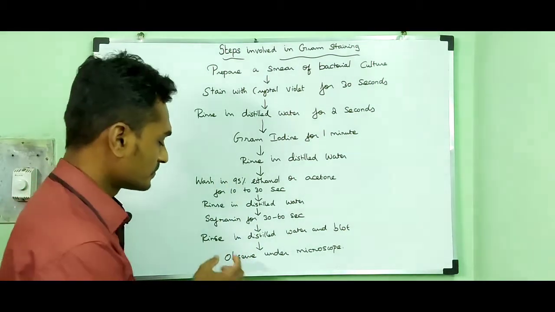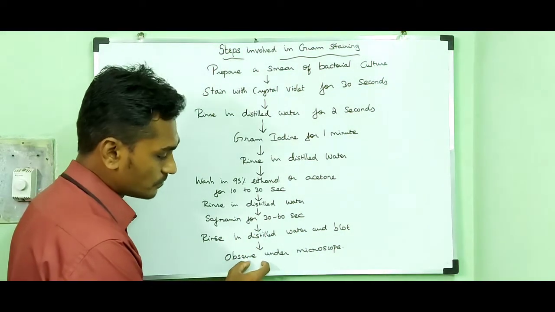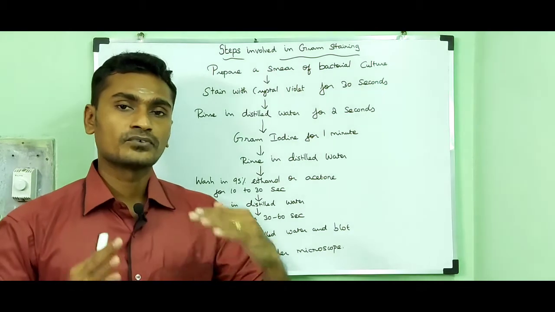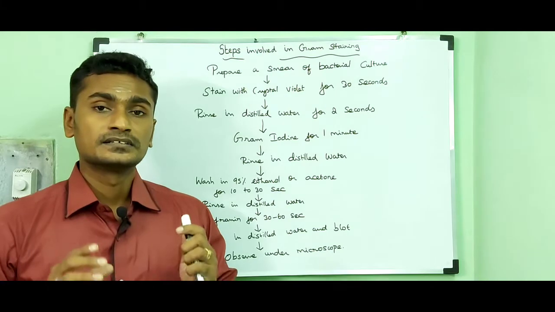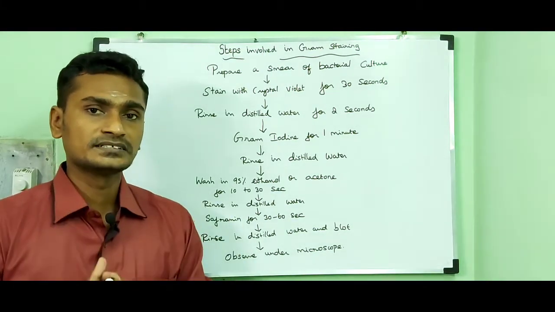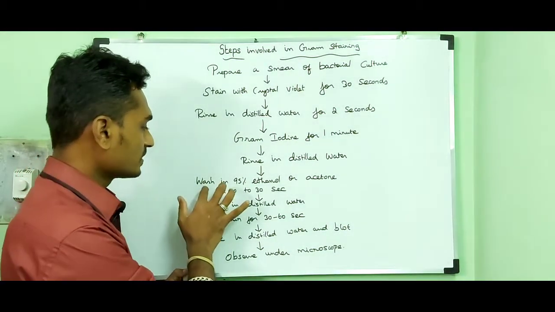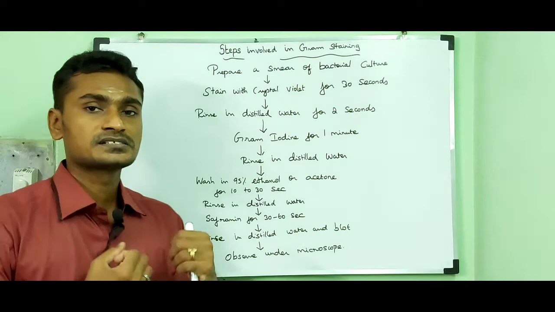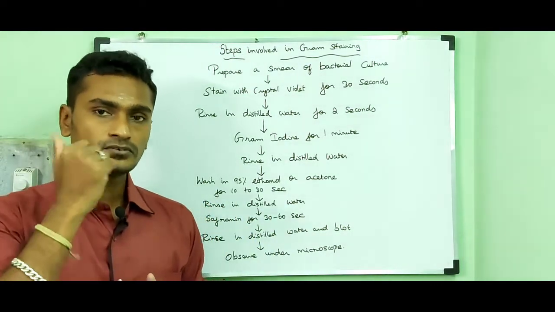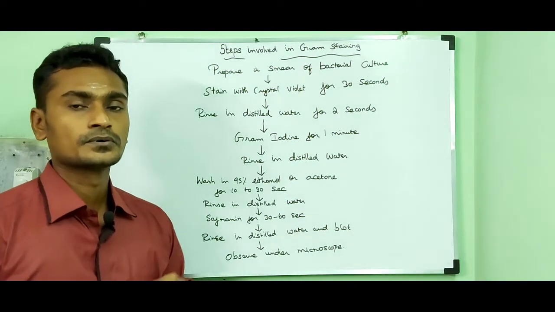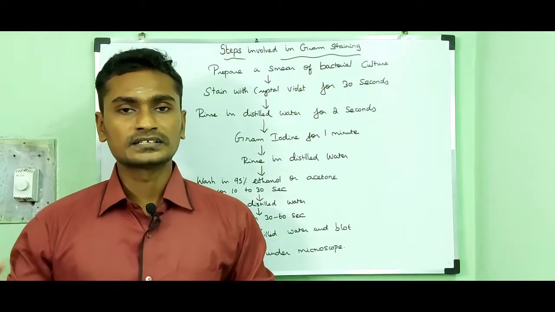Now rinse in distilled water and blot, and observe under the microscope, and you can find the slide shows red color, that means pink color. That means the bacteria is a gram negative bacteria, because after the treatment of alcohol, the crystal violet stains are removed from the cell wall of gram negative bacteria. So by this procedure we can differentiate gram positive and gram negative bacteria.